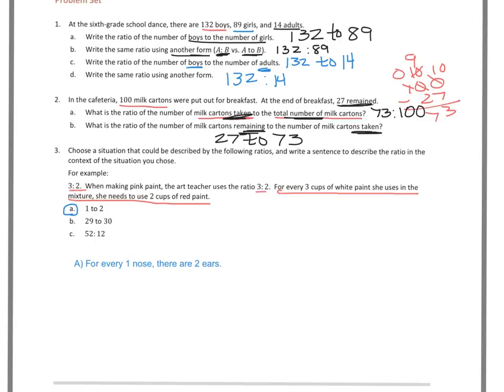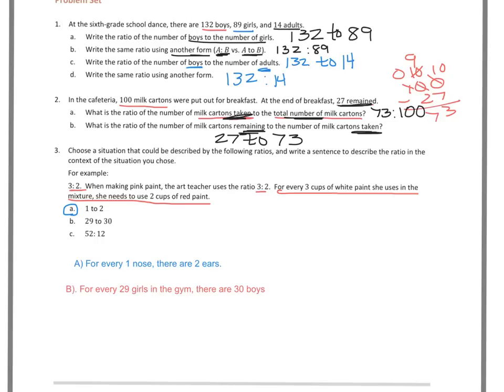And there's my statement right there for it. For my next one for B, there's a bunch of them I could say, 29 to 30. It could be anything. So I'm going to say for every 29 girls in the gym, there are 30 boys.